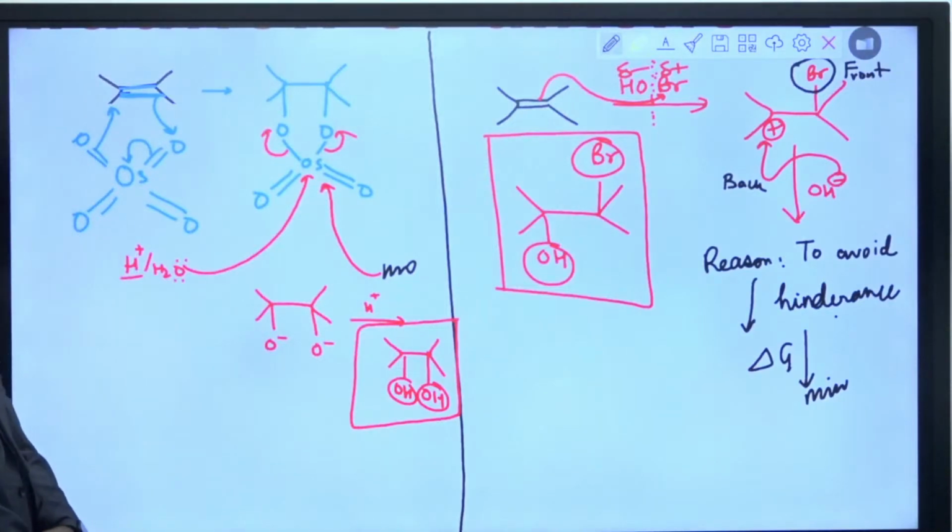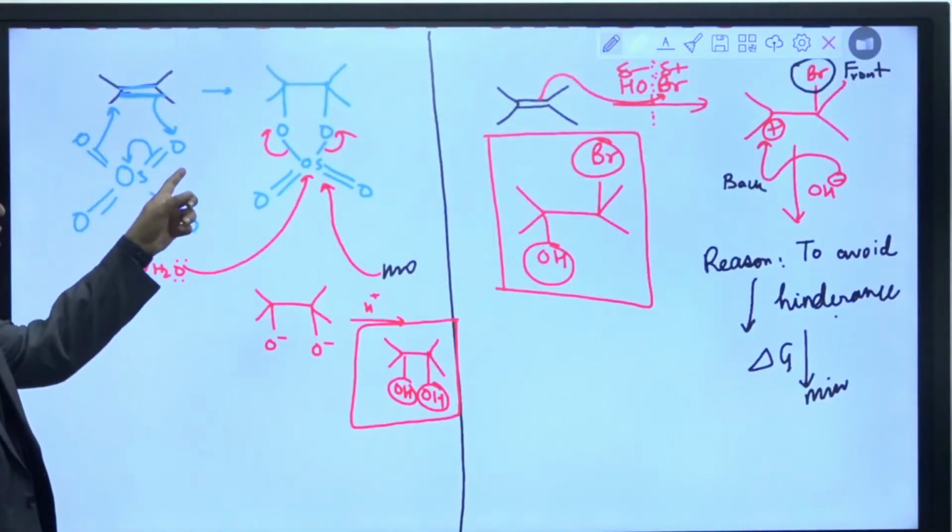Basically, it's as simple as this: you have to go from position A to B. Will you use minimum traffic or maximum traffic? That's a tendency of the product also. It will use minimum traffic. Minimum traffic means minimum steric hindrance, minimum crowding, whatever you call it, right? So that it becomes a stable one.